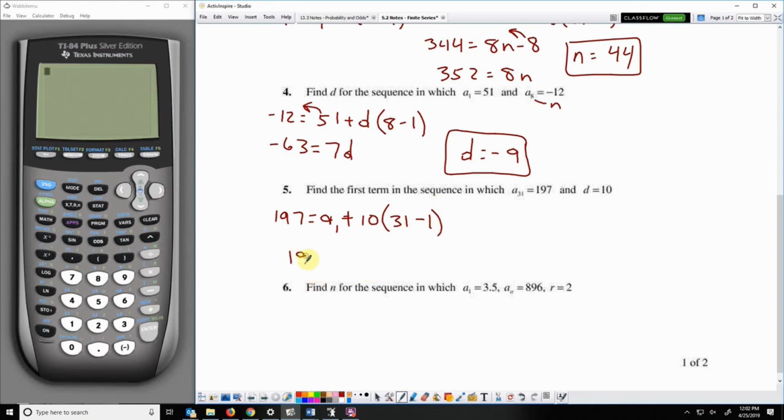Okay, so that's 197 equals a1, the first term, and then this is 10 times 30, so that's 300. And we'll subtract that from 197.